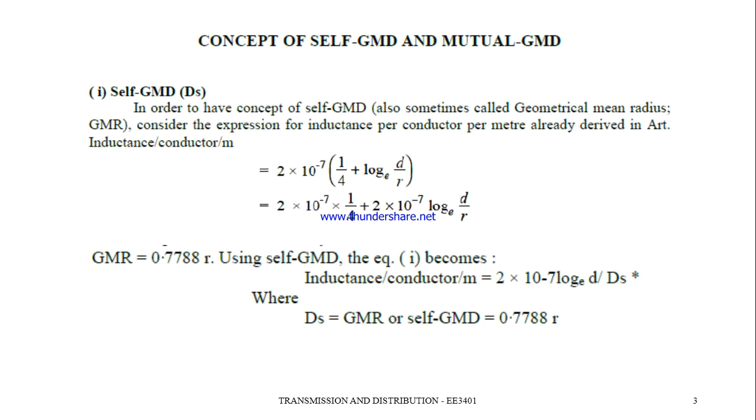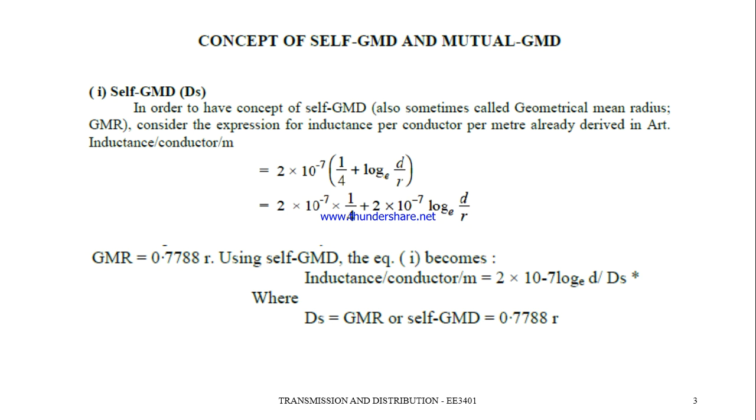Next, let us see about the self-GMD and mutual GMD. GMD is nothing but the geometric mean distance. Self-GMD is otherwise called GMR, geometrical mean radius, because self is nothing but its own radius.